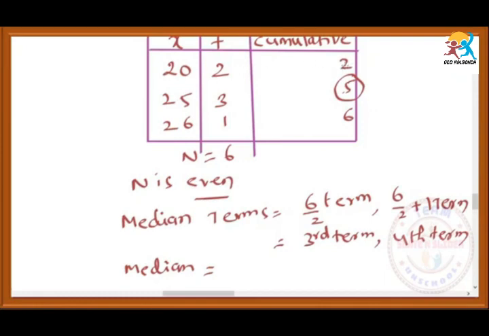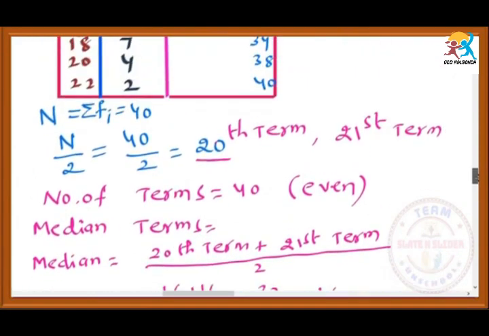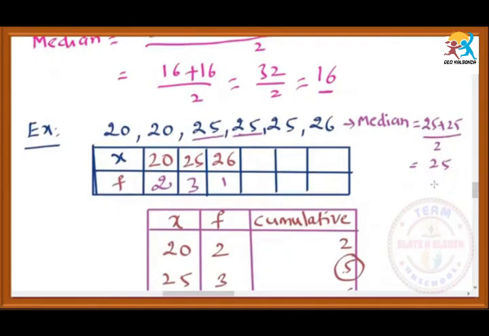After the second term, that means from the third term to the fifth term, the value is 25. So the third term is 25 plus the fourth term is 25, by 2. Just check this one. Here we got the same. So this is raw data. This is frequency, the ungrouped frequency distribution table. So both will give the same answer.